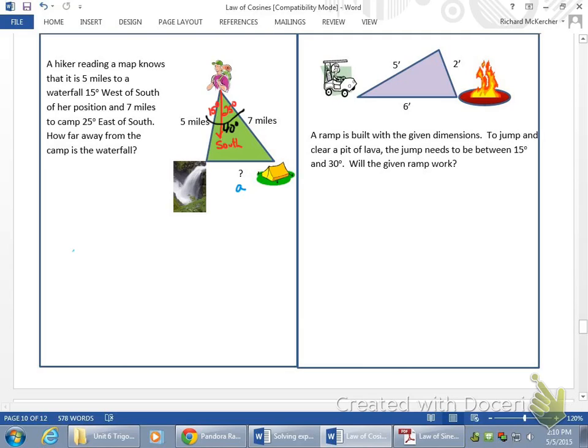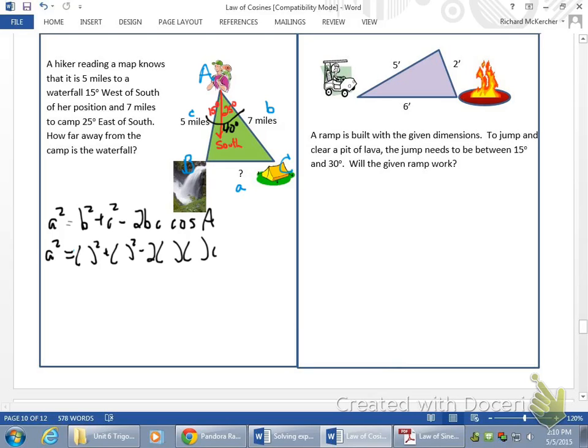So I'm going to label my triangle with my little a here since I'm trying to use the first formula. b and c. And then of course copy down my formula because it's the second time I've ever used it. Alright, take your time filling in all the blanks. Make sure you put everything in the right spot. Alright, and at this point, once again, I remind you that because I'm solving for the side, I can put all of this in my calculator at once.